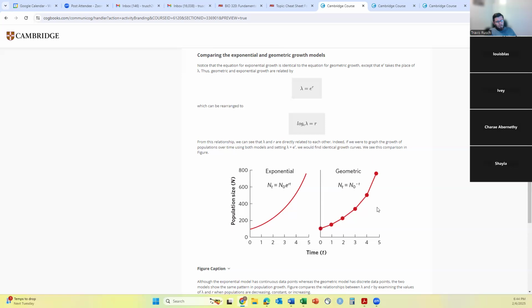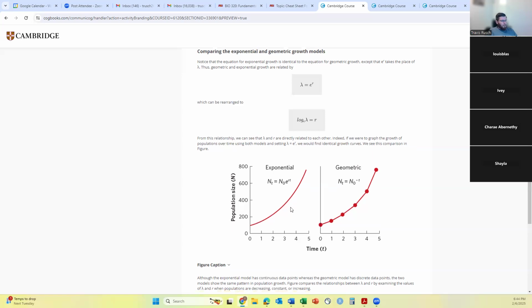It assumes they're all the same. This assumes that all individuals have the same probability of surviving, and all individuals have the same probability of reproducing. So again, very basic. It's missing some key ecological points, but we can get some rough population estimates using these equations.